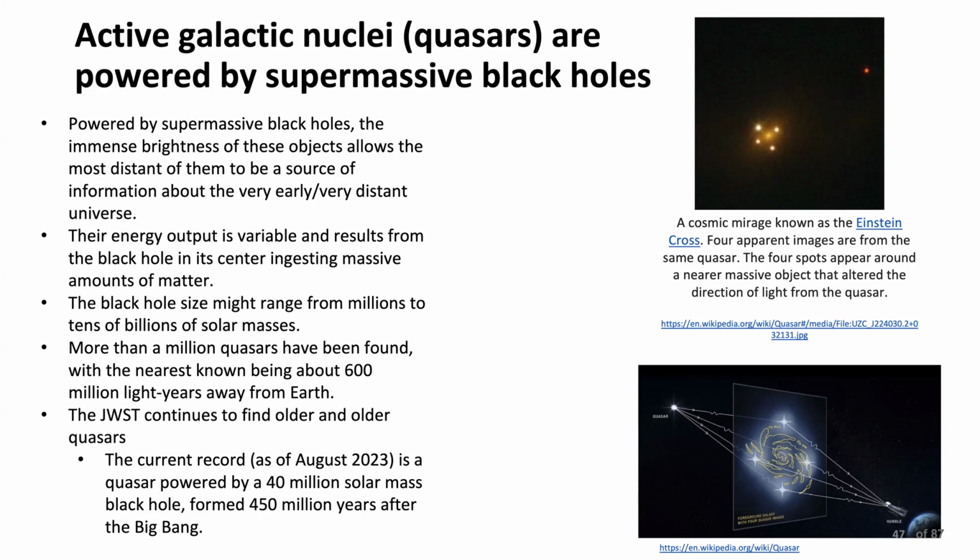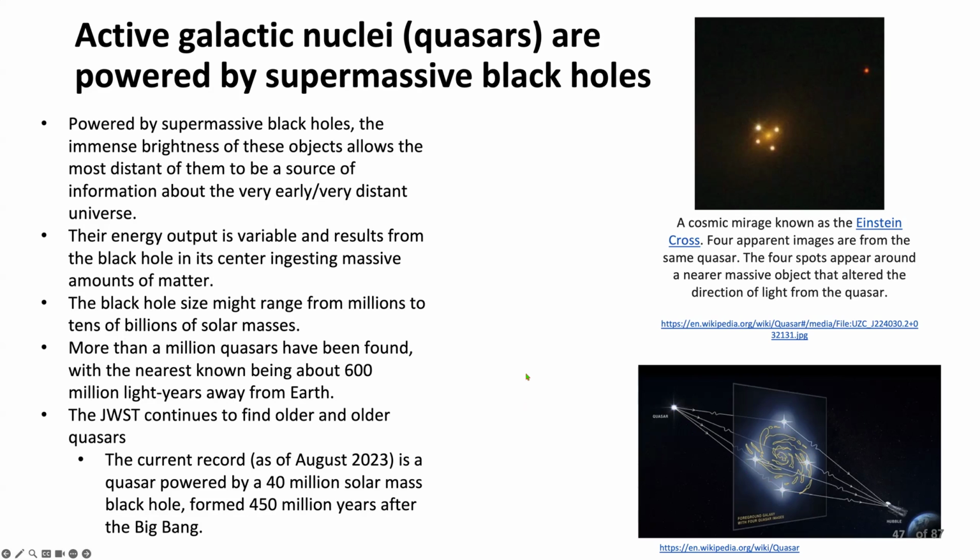So we can look at the changing brightness of these 4 spots. And if the redshift and the chemistry and the energy output in each of these is the same, we can presume it all came from light from one single object.